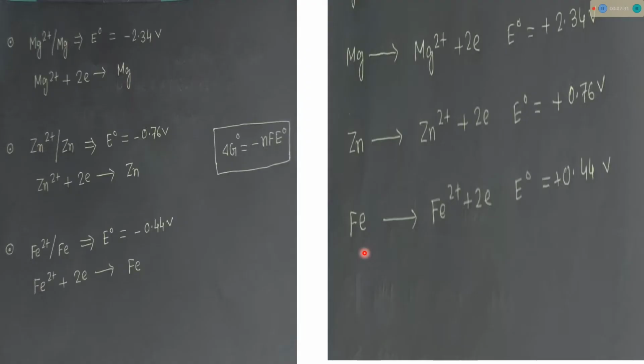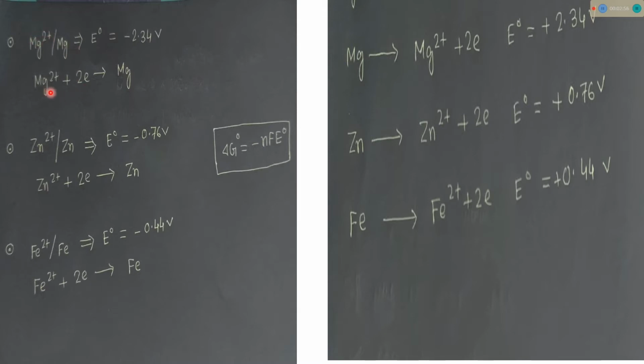So let's see. In the given question, this system is magnesium, zinc, and this system, and their corresponding E0 values are given. This system means magnesium 2 plus accepts 2 electrons and becomes neutral magnesium.